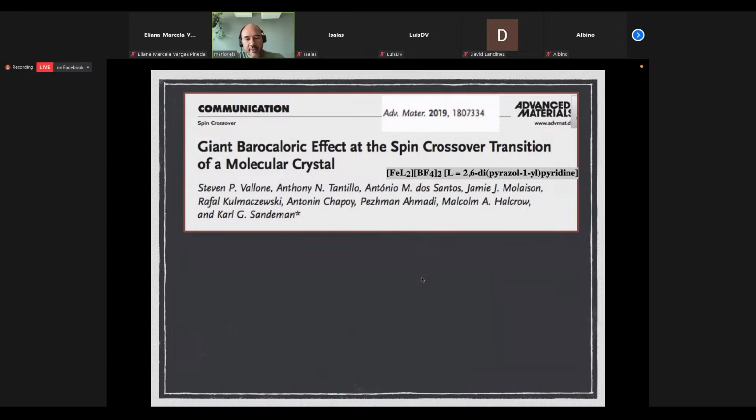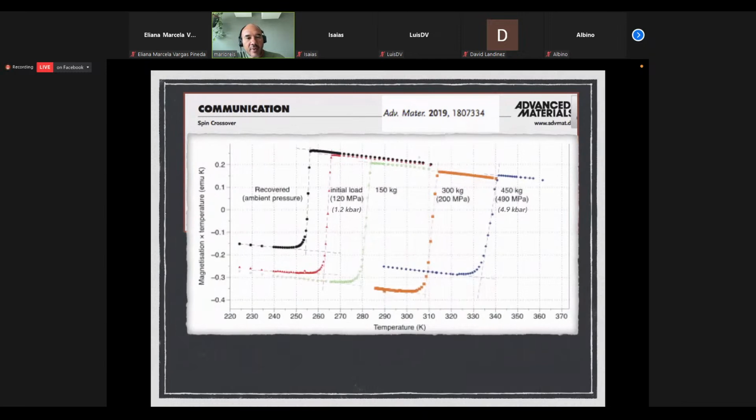These researchers measured, in a metal complex, the magnetization as a function of temperature. For several values of temperature, you can see here how the transition, this is the spin crossover. The system changes. It's a D6.